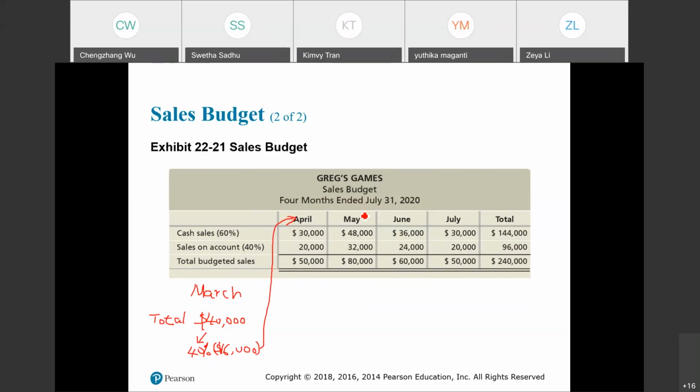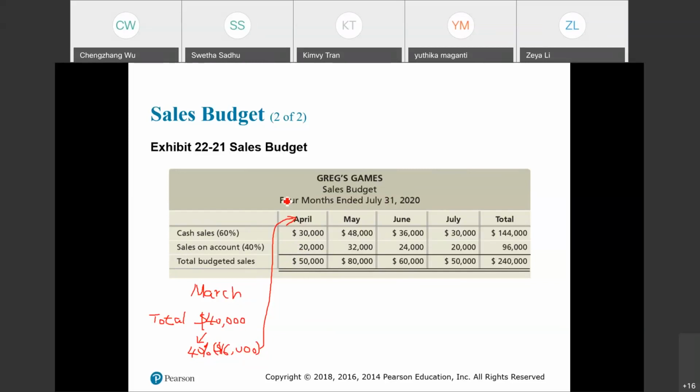Similarly, in April, 60% of sales is on cash. That means 60% of total sales will be collected immediately, and another 40% will be collected in the next accounting period.